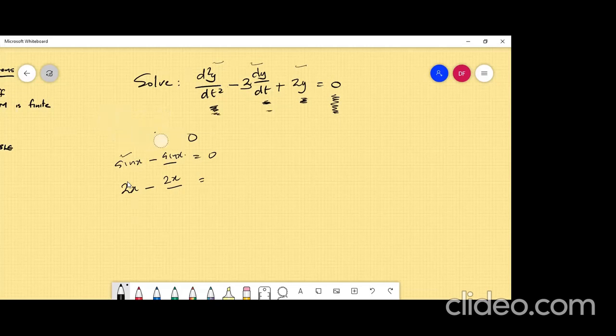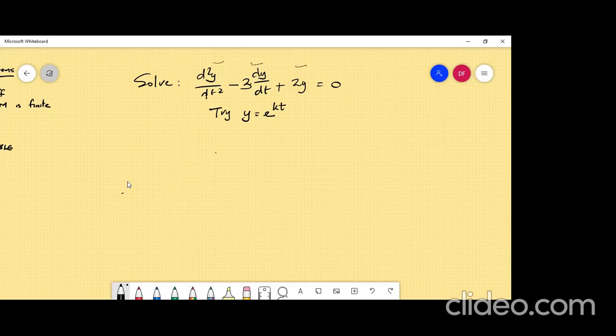Now, which is the only function that you know of that when you differentiate it, you get the same thing every time? E to the x. So therefore, we are going to try y is equal to e to the kt, I'm going to put a value in front of it just to ensure.